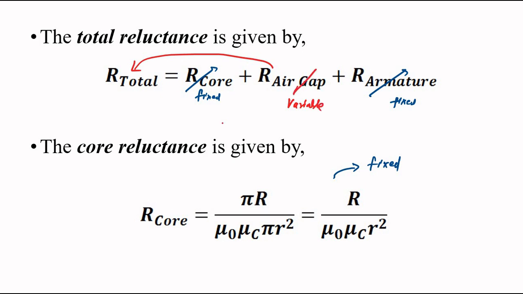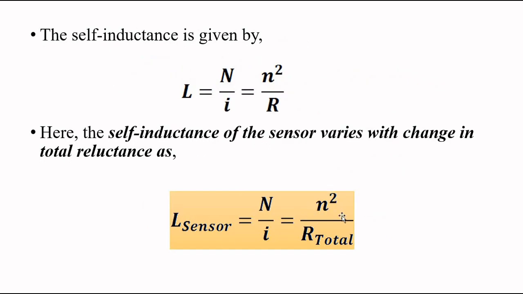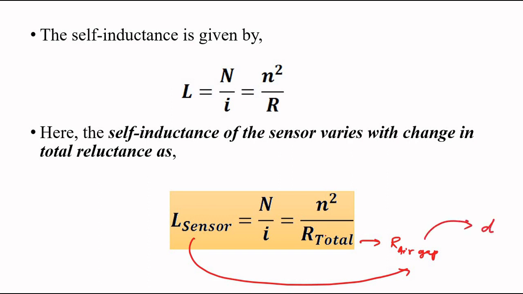So the sensor inductance changes as per this relationship, N square, where N is the number of turns of coil, divided by the total reluctance, which is dependent on the air gap reluctance. In a way, the sensor inductance is dependent on the air gap distance. So the whole thing is designed as per this.